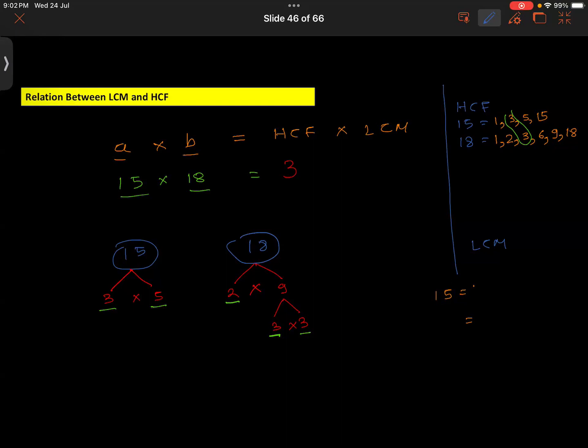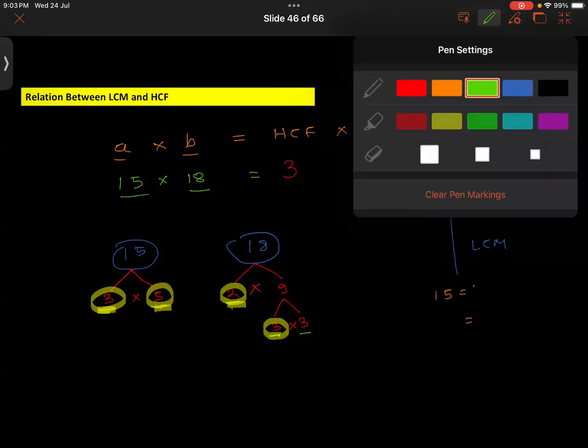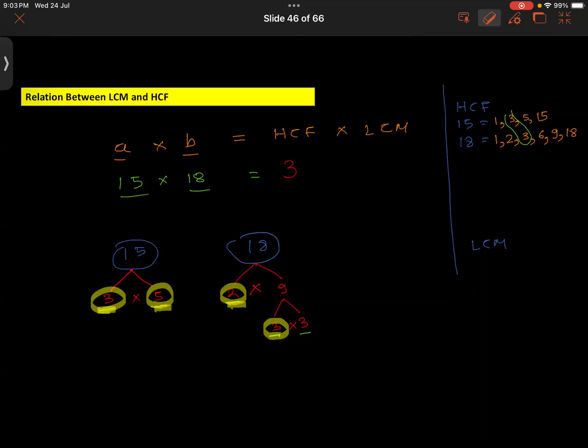So it would be 3 into 5 into 2 into 3. Very good. Right now, this 3, this 2, this 5, and this 3, that should be giving you how much? Quickly multiply.